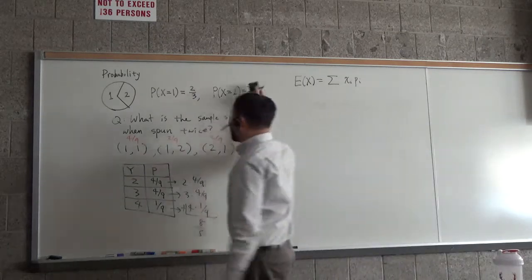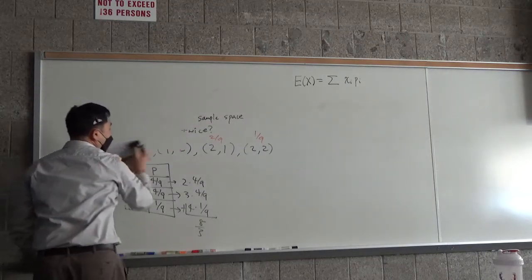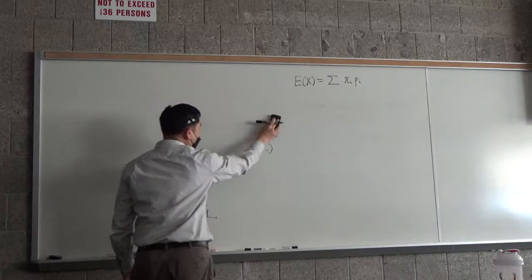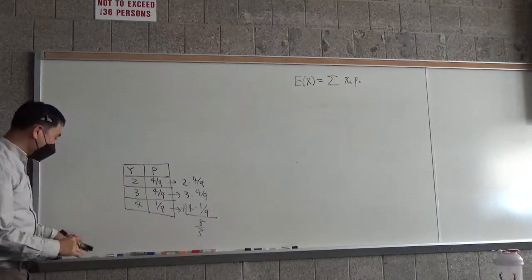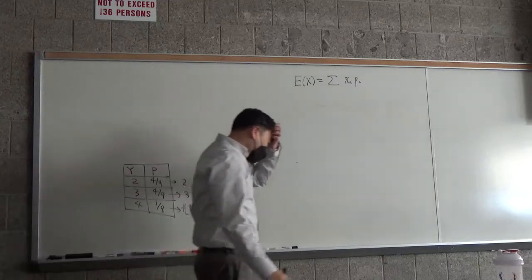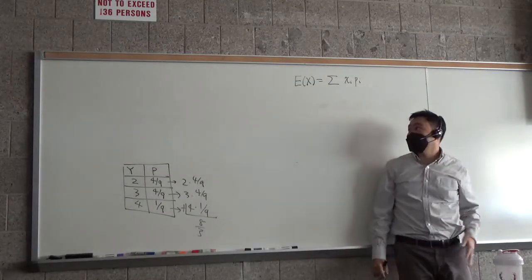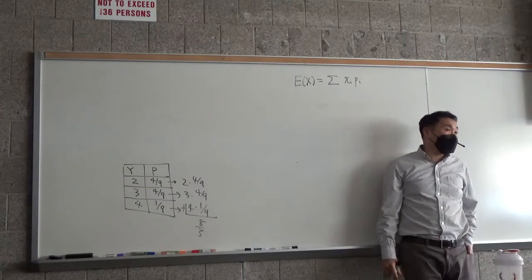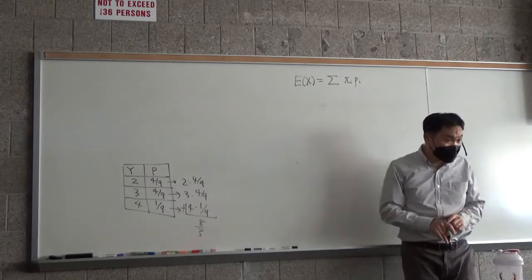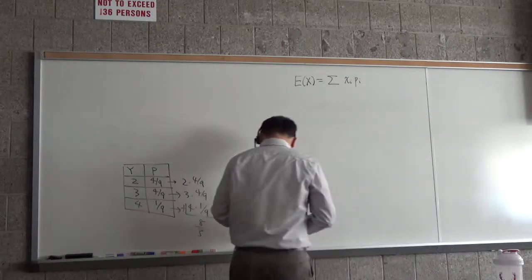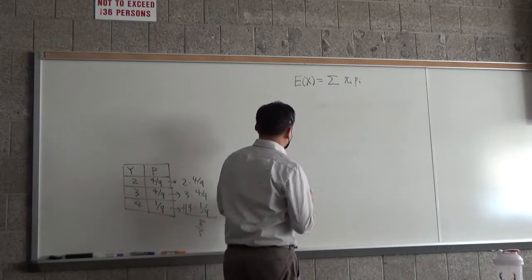The question was, what does the expectation value tell us? Okay. So first of all, expectation value is the weighted average of all the outcomes, weighted according to the probability. So you know how I said what's the weighted average of xi?